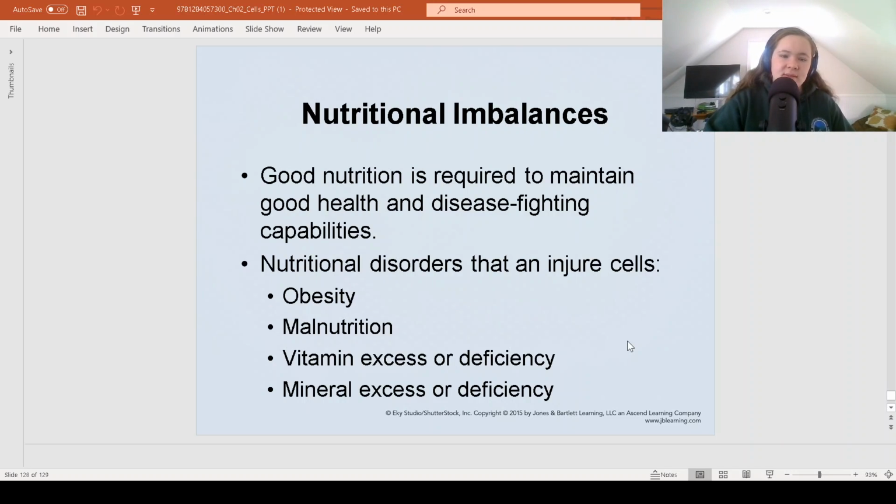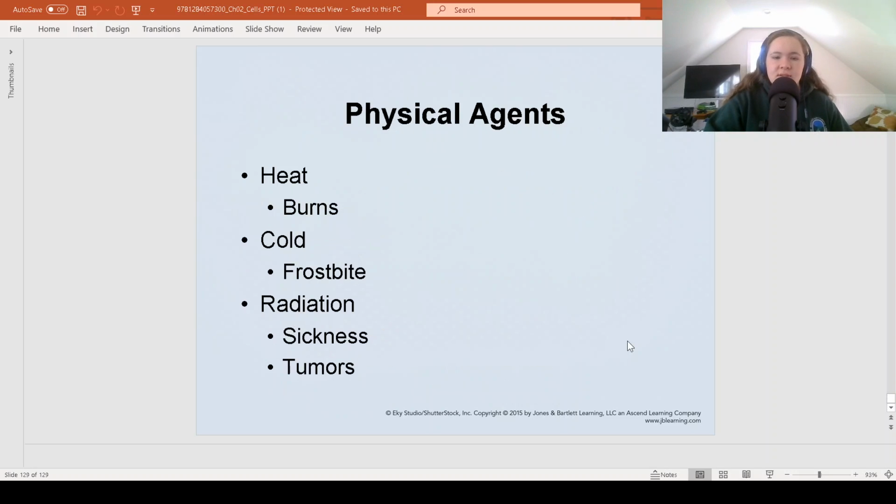Nutritional imbalances: good nutrition is required to maintain good health and disease-fighting capabilities, and nutrition disorders can injure a cell. These include obesity, malnutrition, vitamin excess or deficiency, and mineral excess or deficiency. Physical agents include heat, which are burns, cold, frostbite, and radiation sickness, which can cause tumors. And those are basically all of the things that can impact your cells. There's a lot. Study them.